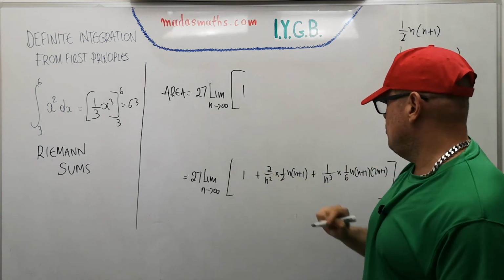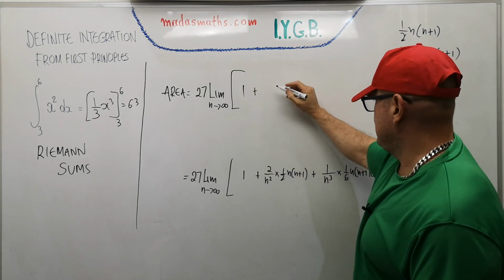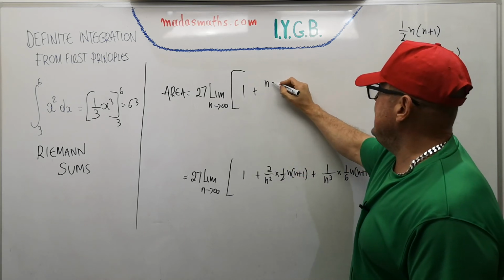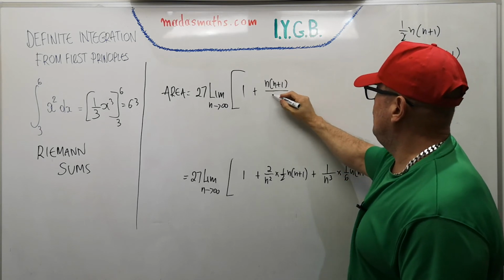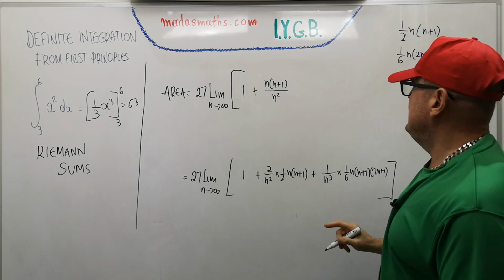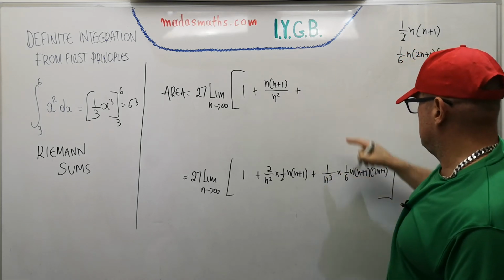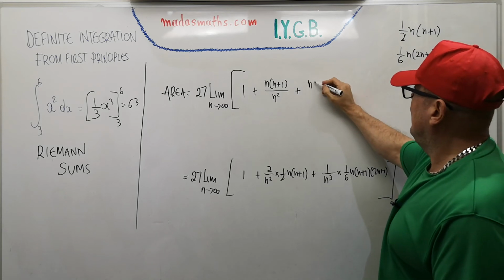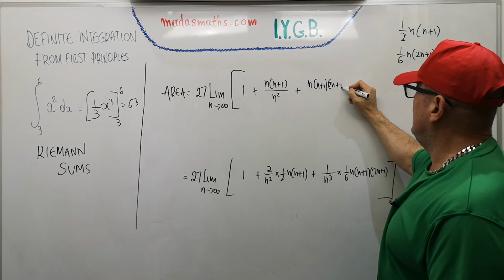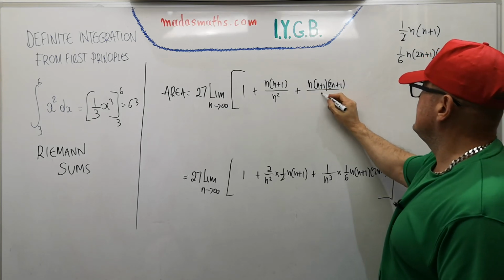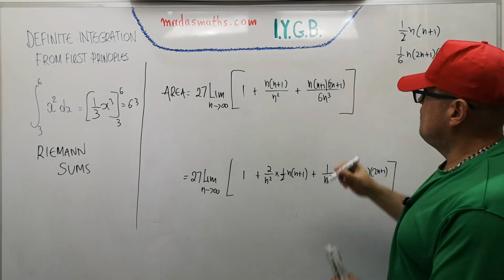1. This is this one here. 2 times a half cancel. So I'm going to have on the next one n plus 1 over n squared. And this one here, I'm going to have on the numerator plus n plus 1, 2n plus 1 over 6n cubed, close our bracket.